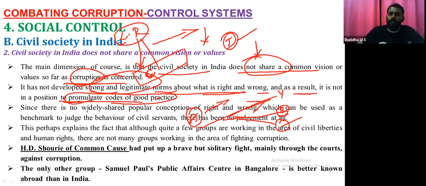Aristotle says that an unethical person chooses an unethical person. Are you getting the point? When society is full of unethical people, definitely these people will choose a person who is unethical.